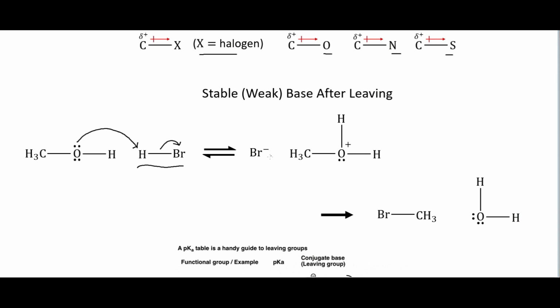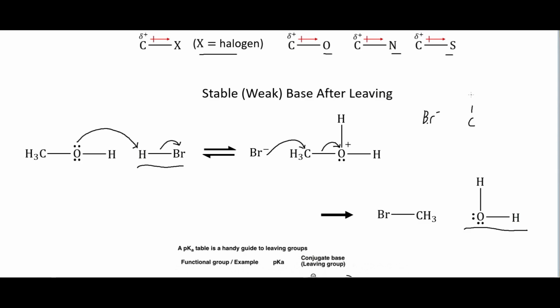So then this bromide here can actually then attack this carbon right there. And the electrons from this will go onto that oxygen right there because this has that positive charge. And so that will make it a stable leaving group because the leaving group is just a water, which is a relatively weak base compared to if we just tried to have like the bromide here attack the carbon.